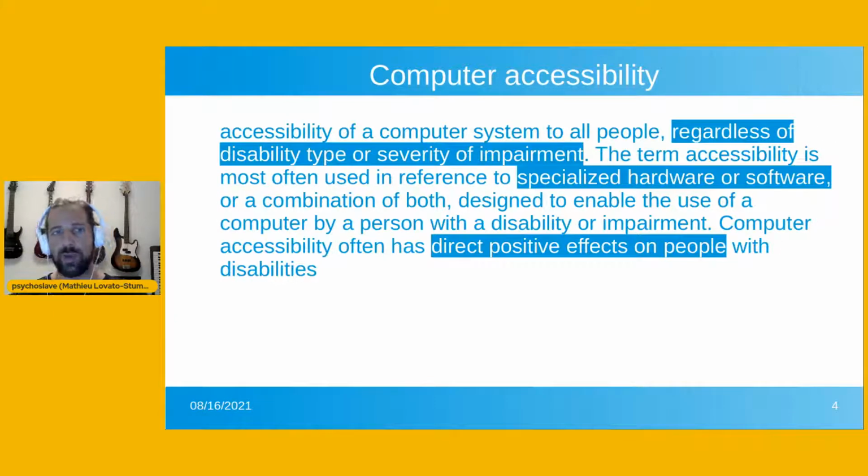On the other hand, we have computer accessibility, or more generally, accessibility. On this point, we especially want to focus on the aim of providing solutions that work regardless of disability type and severity of impairment of people who are using computers, who might need some special hardware or software or not.